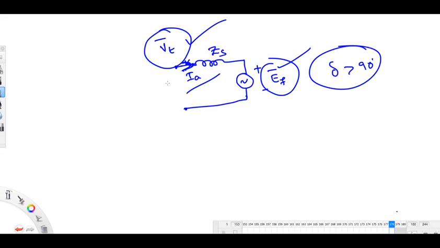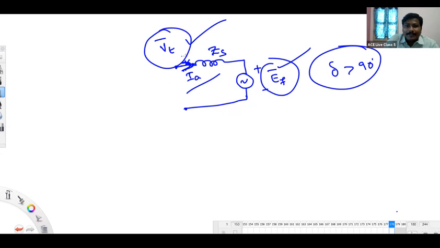Then, sir, if we take one as 0 and the other as delta, then delta will surely be greater than 90 degrees from the equation. It may not be, Swain. May not be. Ultimately, after drawing the phasor diagram, this gap only you have to check, right?